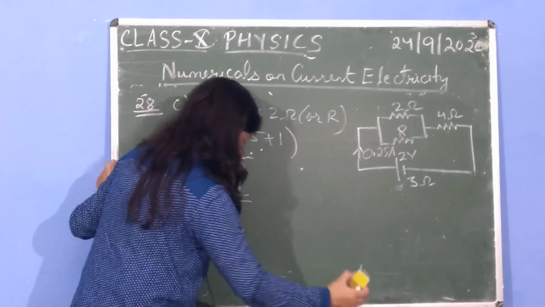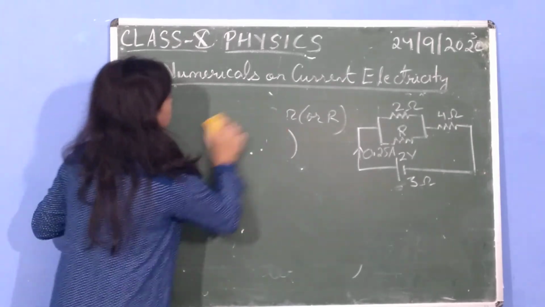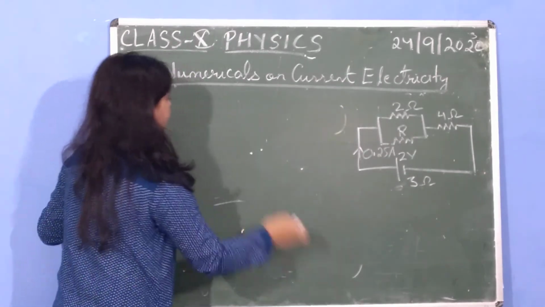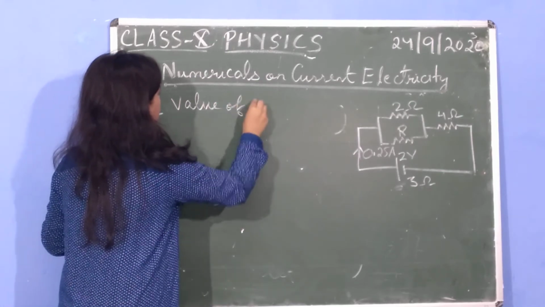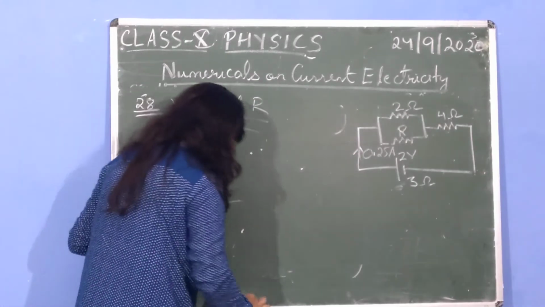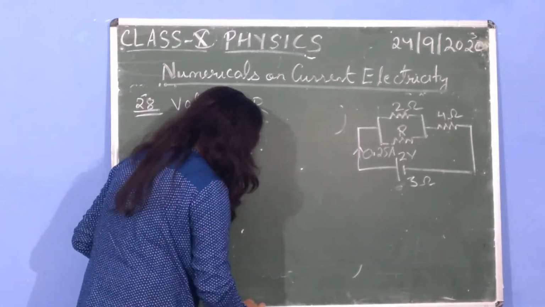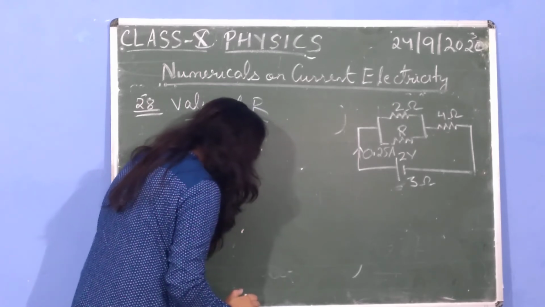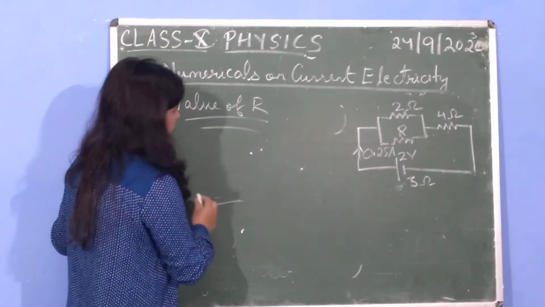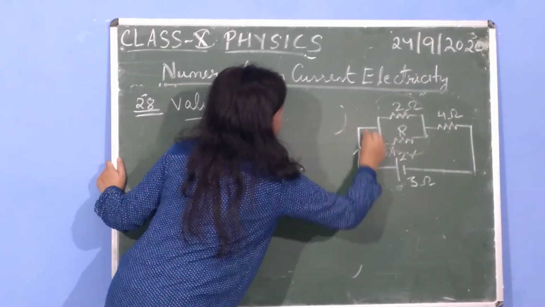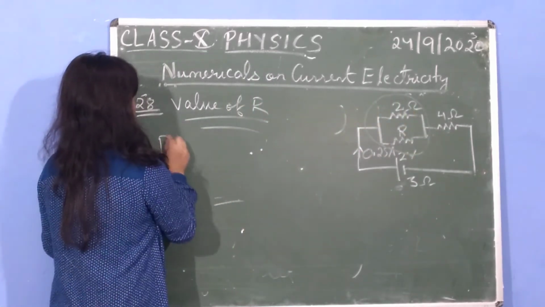And lastly, the value of unknown resistance R. For that, let's first find out the expression for this one.